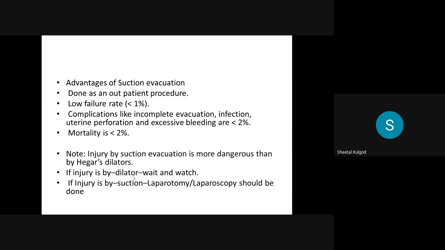That's why whenever you suspect an injury by a suction cannula, you have to end up doing a laparotomy or laparoscopy. Whereas if you suspect an injury with just the dilator, where the maximum you can expect is a small perforation or injury to the cervix, you can still wait and watch and observe the patient for any problems occurring in future. So these are the two important points you need to remember.